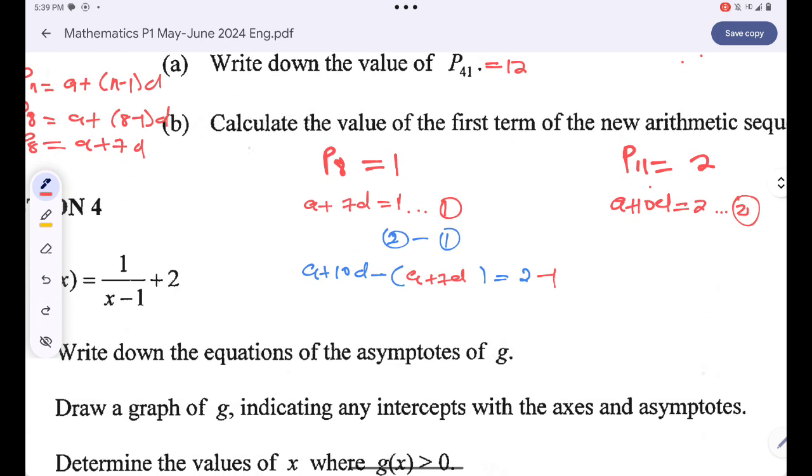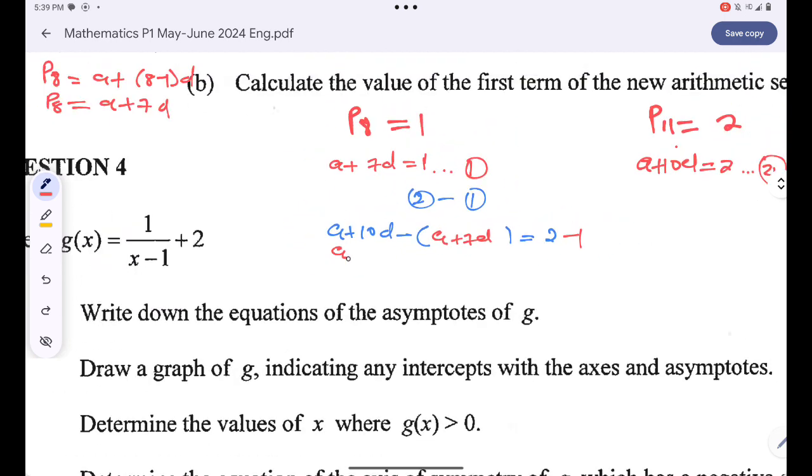And then all I have to do now is to remove these brackets. Then A plus 10D minus A minus 7D is equal to 1. The A's will just subtract one another. I'll be left with 10D minus 7D, which is 3D, is equal to 1. Therefore, D is equal to 1 over 3.